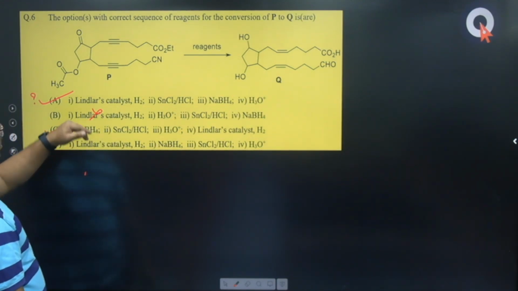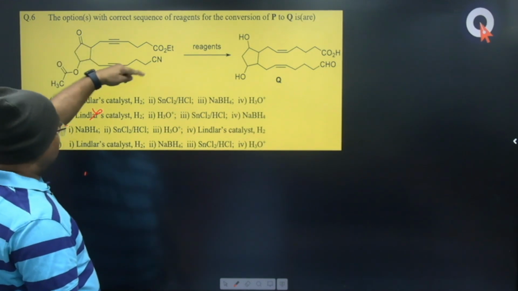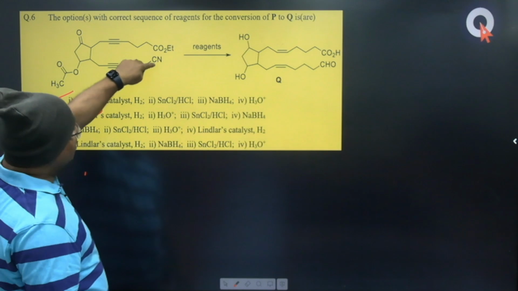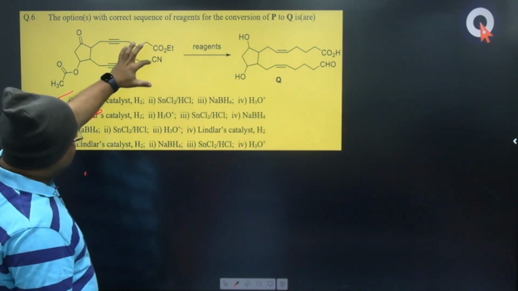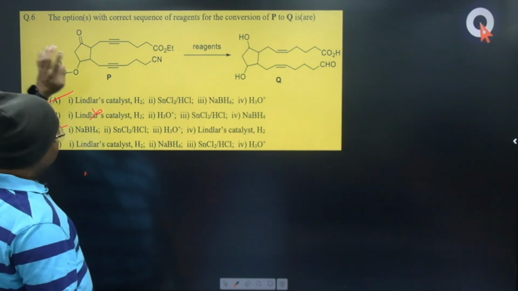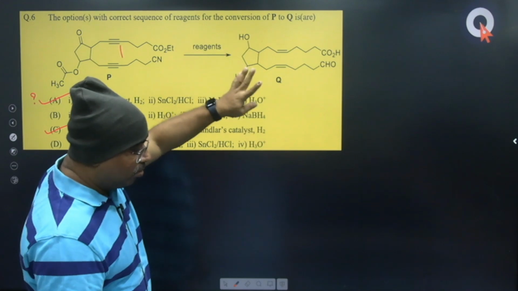So sodium borohydride reduces the ketone first into alcohol, the others are not affected mainly. Then this will be reduced into imine. Hydrolysis will give acid here, aldehyde here, and again alcohol here. Then Lindlar's catalyst will convert the triple bond into a double bond.